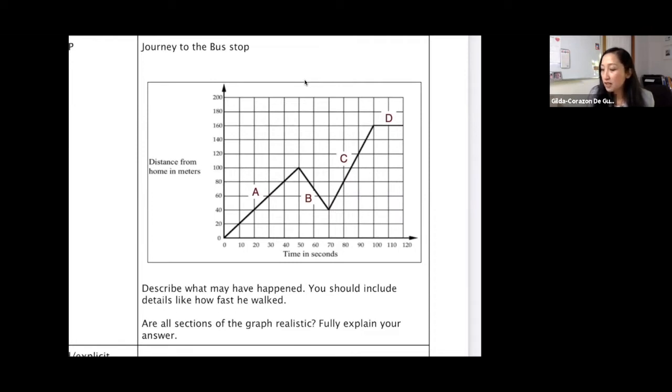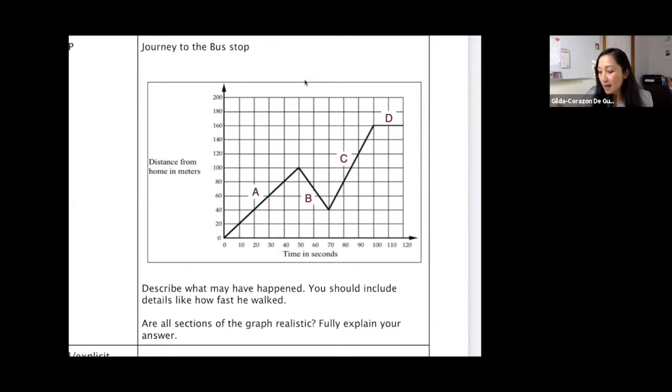And then you have there the time on the x-axis. So you need to look at as well the units that would be used. So the y-axis would be the distance in meters, and then the x-axis would be the time in seconds. So if you would be figuring out the unit for speed for this one, it would have to be meters per second, okay?